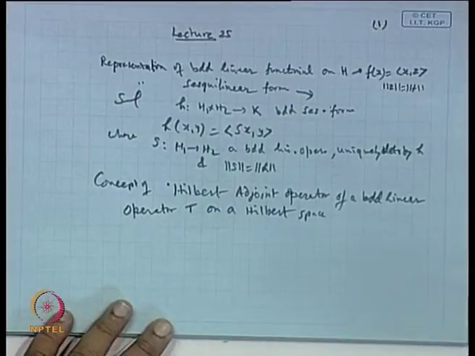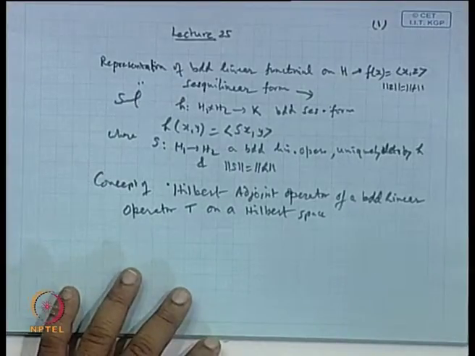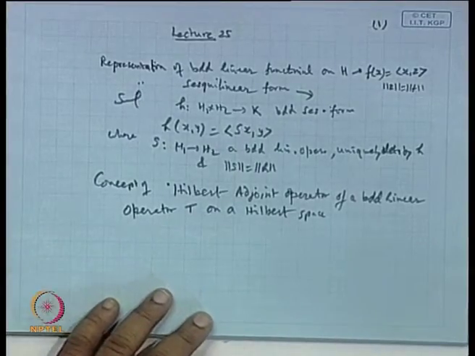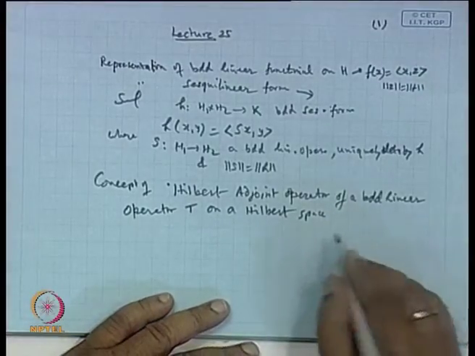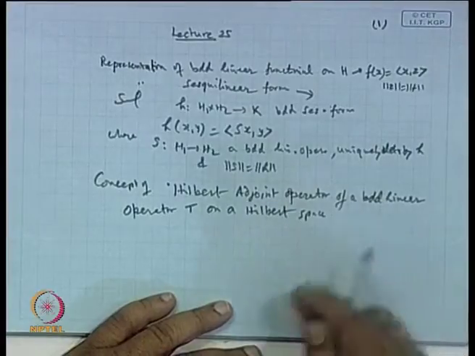Now, this concept of the bounded Hilbert adjoint operator in fact comes when we study matrices and linear differential equations. When we go through a linear differential equation or integral equation, all the matrices are converted into the form of operators, and then the concept of the Hilbert adjoint operator comes.